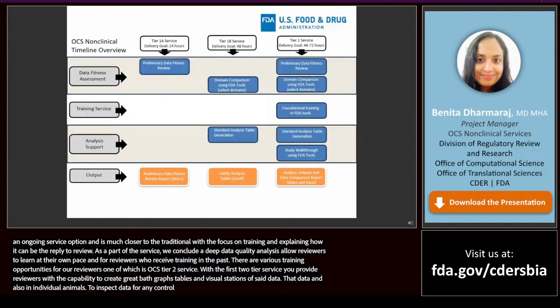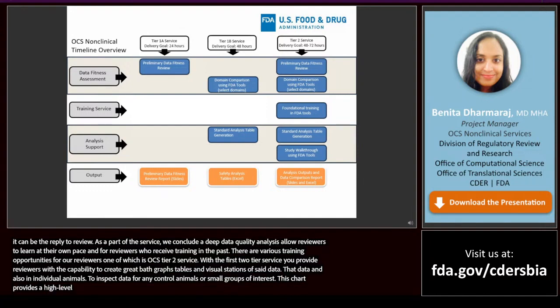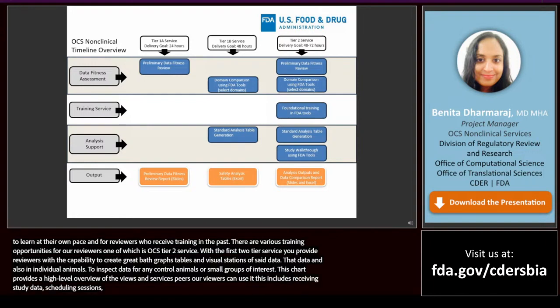This chart provides a high-level overview of the various tools and services reviewers can use as part of their review. This includes receiving study data, scheduling sessions, performing analyses and preparing outputs, conducting sessions, and providing follow-up as needed.